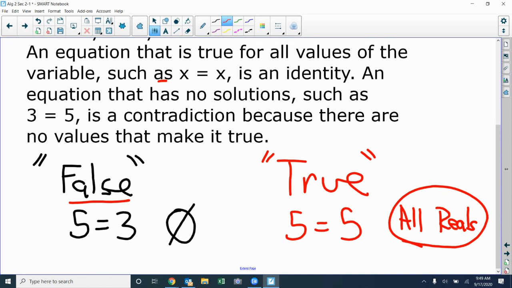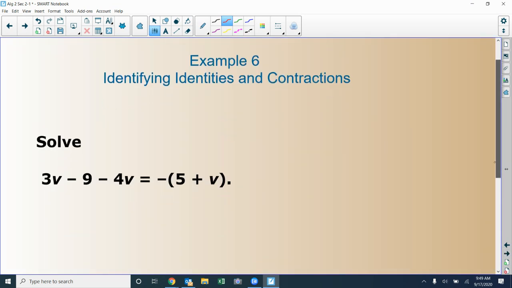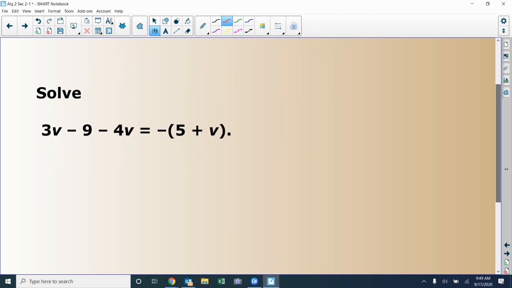So, let's put one of these into play. What do you think the next question is gonna be? Probably something that is either false or true, so let's see what we can do with this one right here. We'll do just one of these, because it's already the same skill we've been doing. We're just gonna end up either being all the reals, a true statement or a false statement.